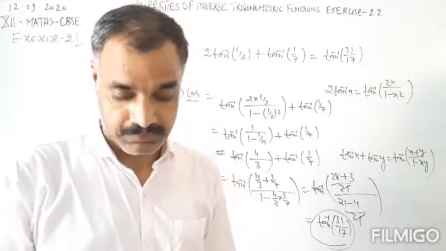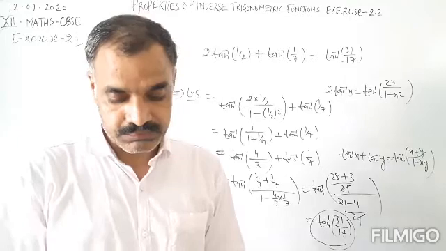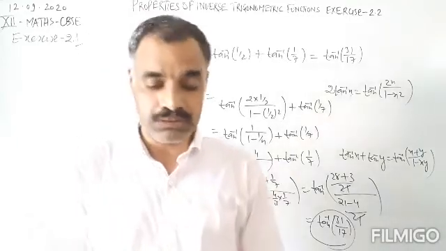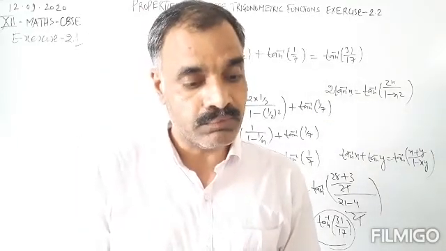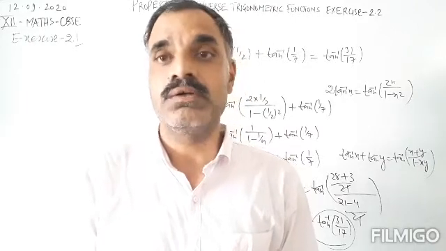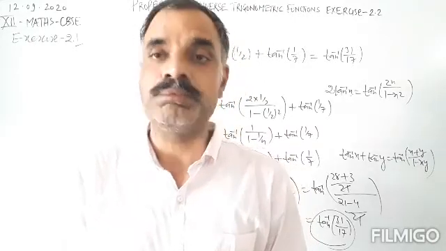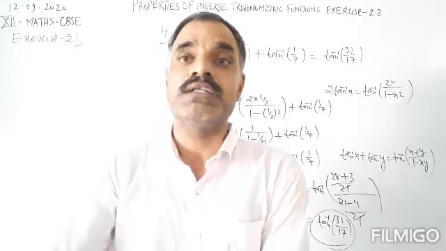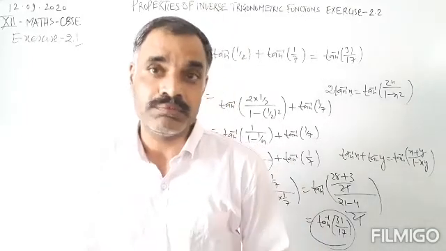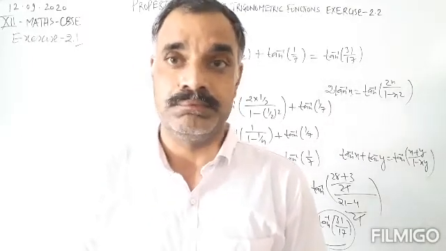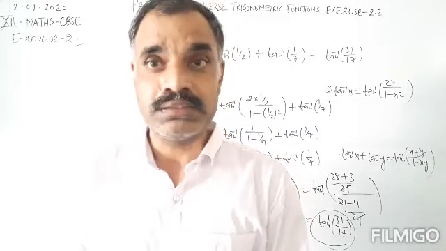Now the next questions are from question number 5 to 10. We have to put these questions in simplest form. Some inverse trigonometric functions are given and we have to put all of these in simplest form.